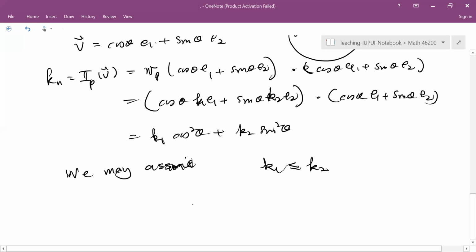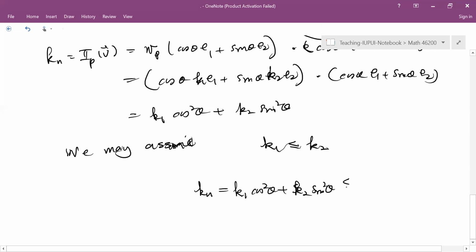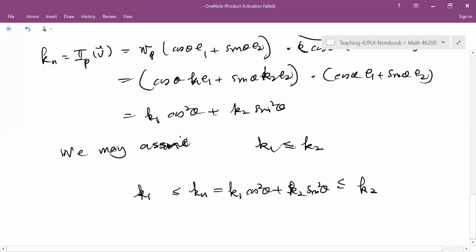Then we look at this normal curvature, K1 cosine square theta plus K2 sine square theta. It's less than or equal to K2, because K1 is less than or equal to K2 and cosine square theta plus sine square theta equals 1, and it is greater than or equal to K1. So normal curvature is between the two principal curvatures.